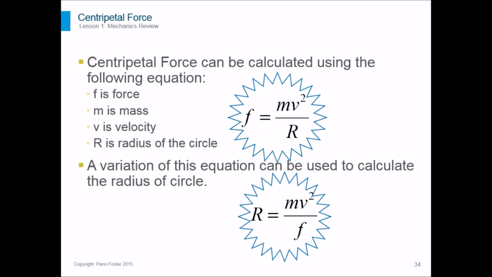And you can also rearrange it and say, okay, we have an object of a certain mass moving at this speed. This is how much force there is. How big will the circle be? So this version of it is to measure the radius of the circle. So in this formula, F is force, specifically the centripetal force, M is mass, V is velocity, and R is the radius of the circle.